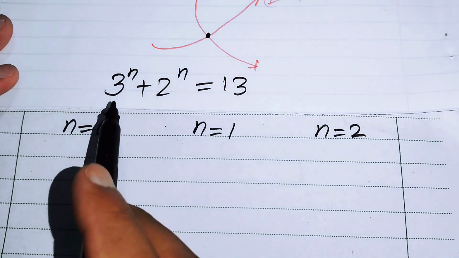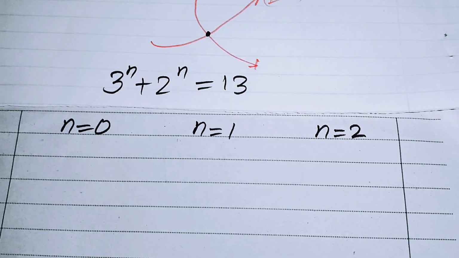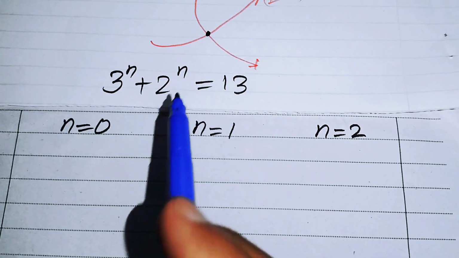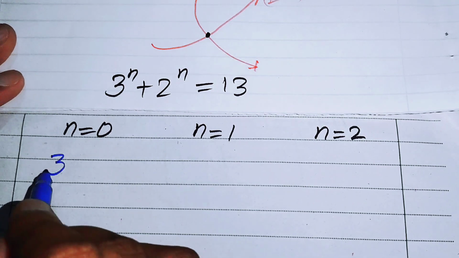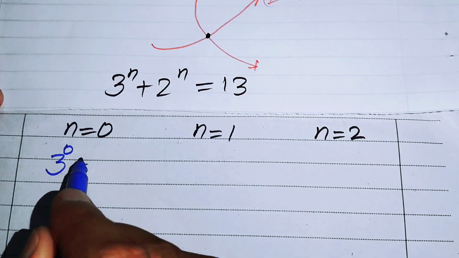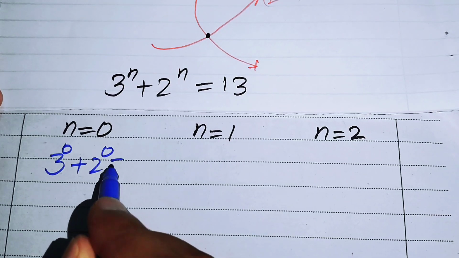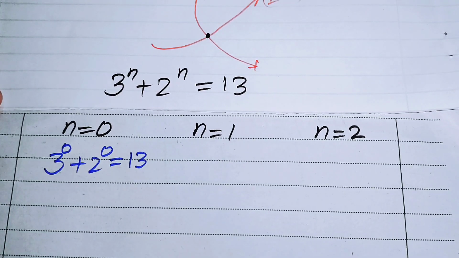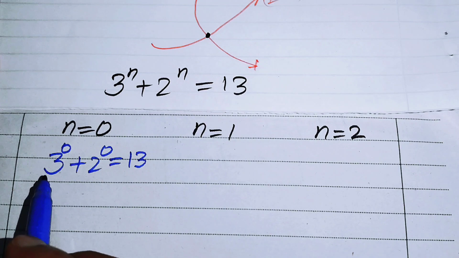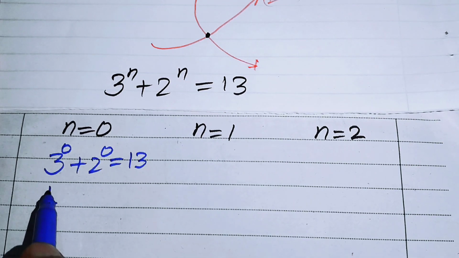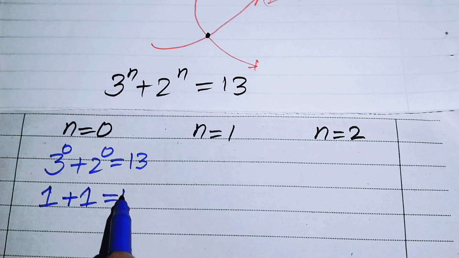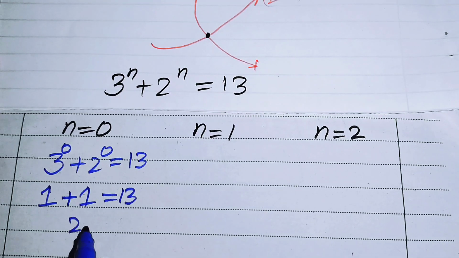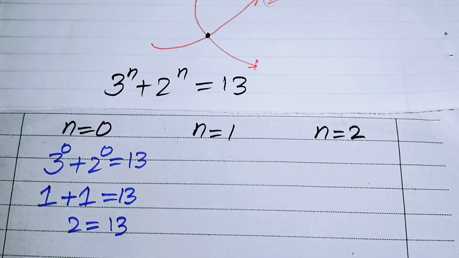And now first I put n is equal to 0 in the given equation. Then you get 3 to the power of 0 plus 2 to the power of 0 is equal to 13. And here you see that something to the power 0 becomes 1. So 3 to the power of 0 is 1, and 2 to the power of 0 is 1, and the whole is equal to 2, and 2 is not equal to 13.